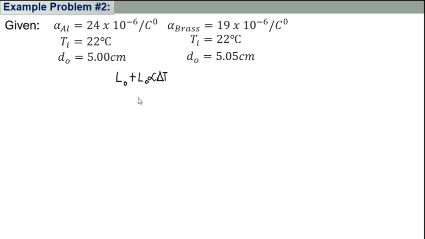So that is, again, this is the final dimension of the aluminum ring is equal to the final dimension of our brass rod.